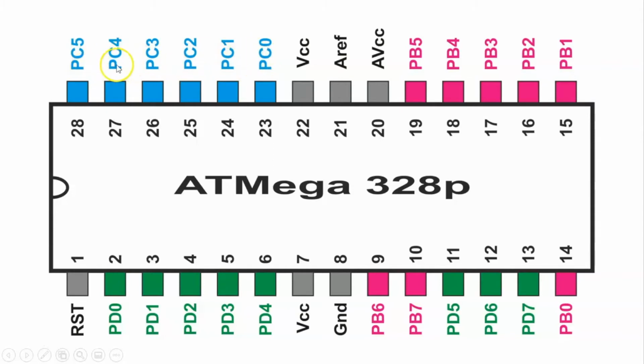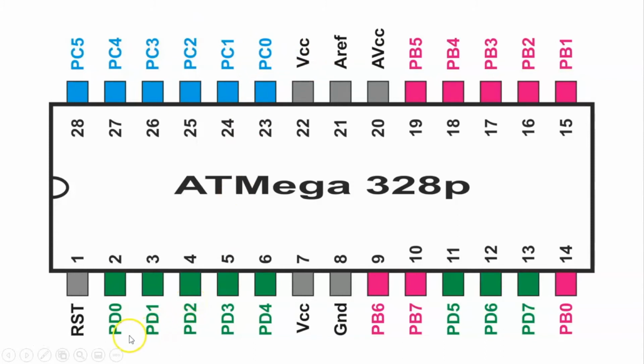So from PC0 to PC5 there are 6 pins. P stands for port and C is the indication of that port. So PC stands for port C and this 0 is the number of that pin. Now we come to the next port, that is port D.